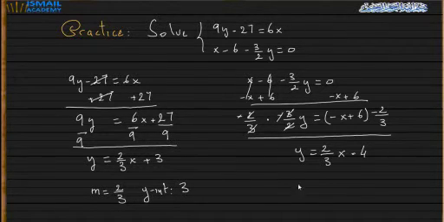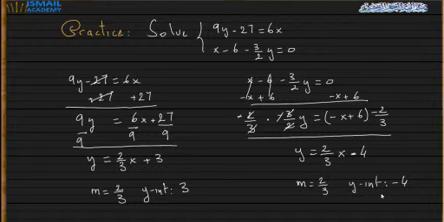The slope here is 2/3 and the y-intercept is minus 4. So the slopes are equal, but the y-intercepts are not equal. In that case, we have an inconsistent system. The lines are parallel and they don't touch each other.